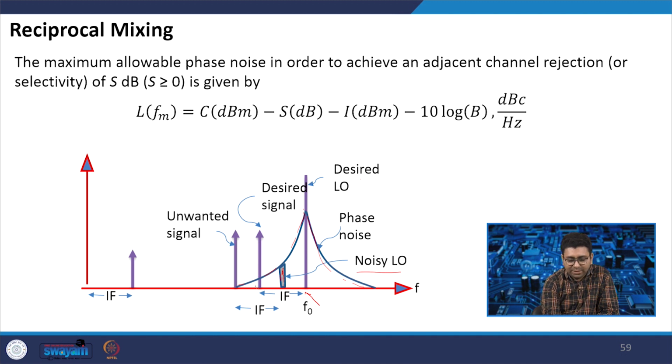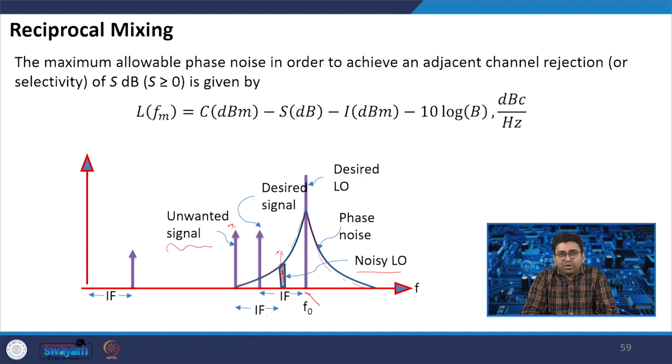Now if there is some unwanted signal or interferer also at the desired IF frequency, then this LO and this unwanted signal will down convert to the baseband, because the IF frequency remains the same, and this is called reciprocal mixing.